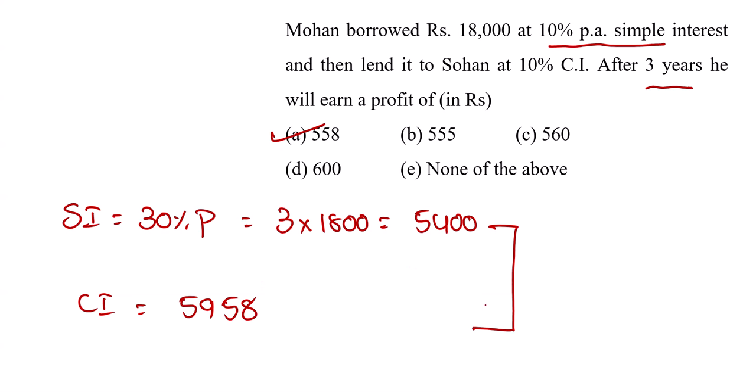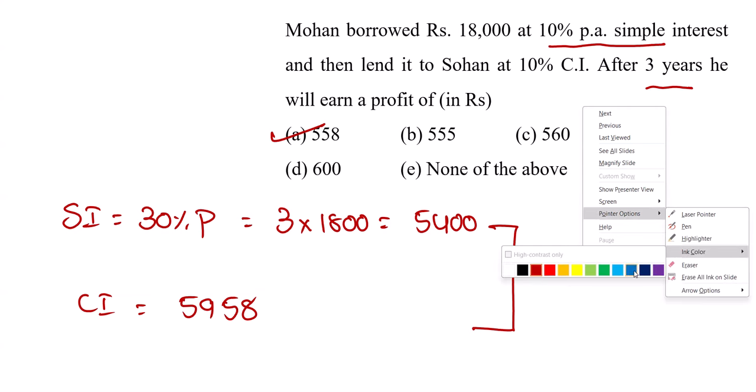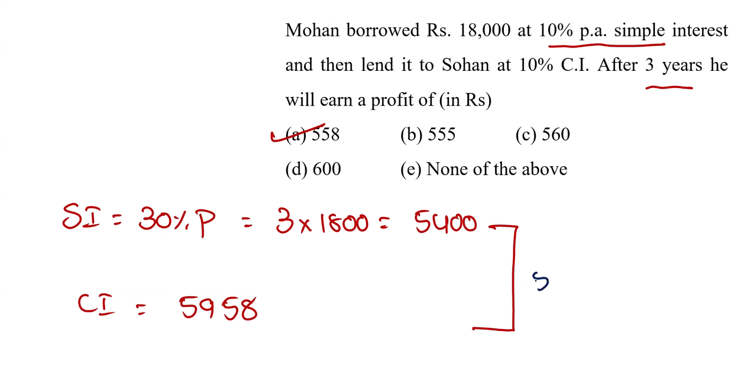You are paying simple interest, but you are lending at compound interest. When you do that, you have a profit of 558 rupees. So this is profit and loss, with simple interest and compound interest given in that format. You are paying interest of 5,400, but you are getting 5,958. 558 profit.